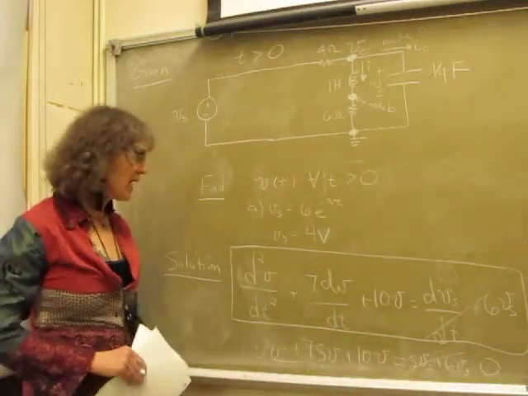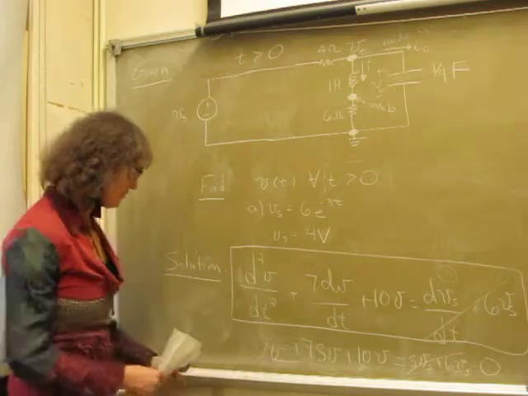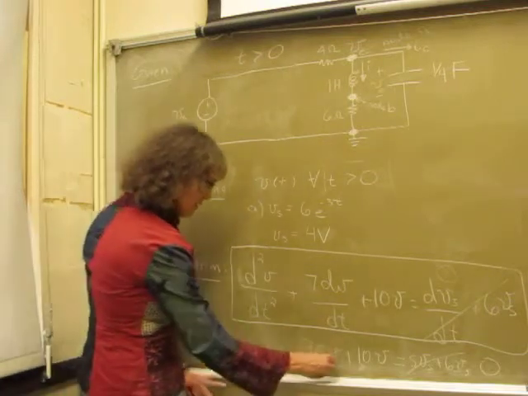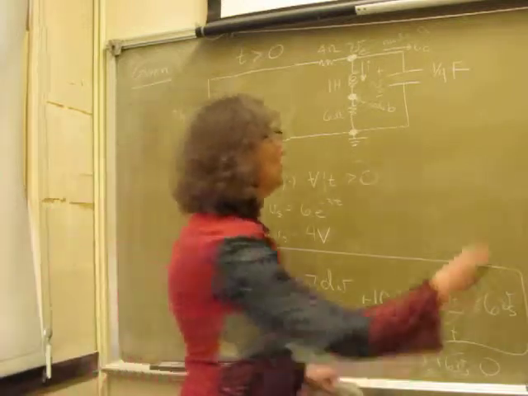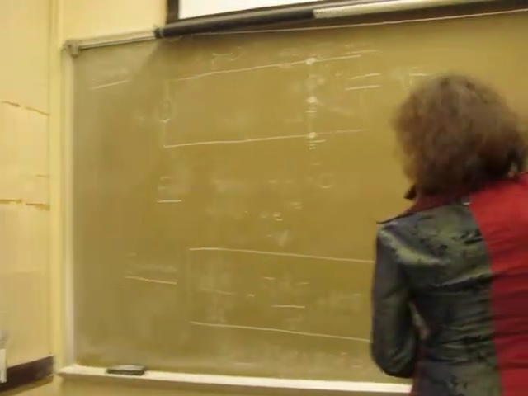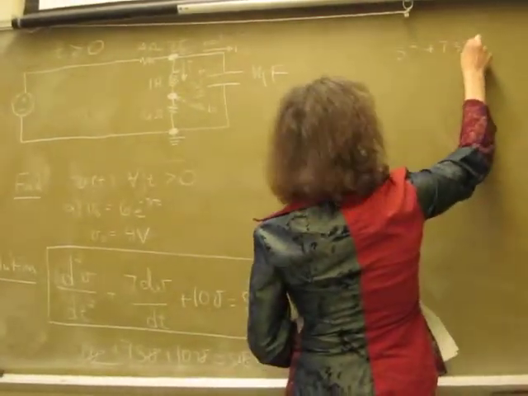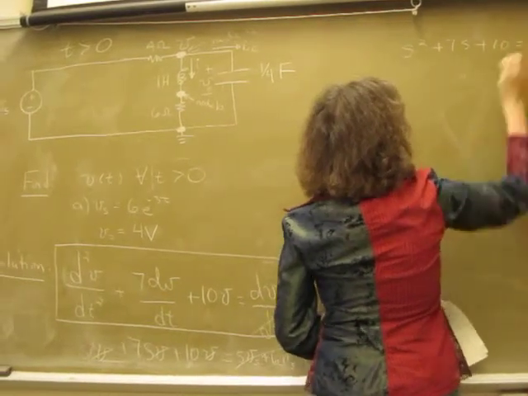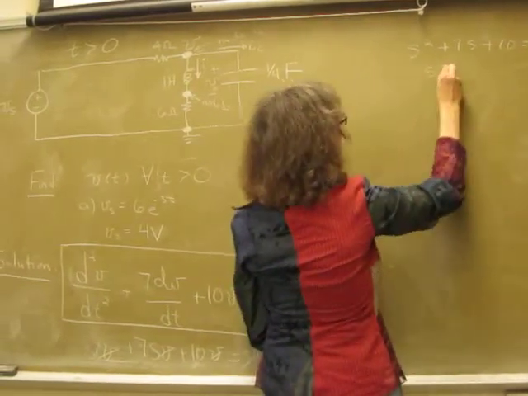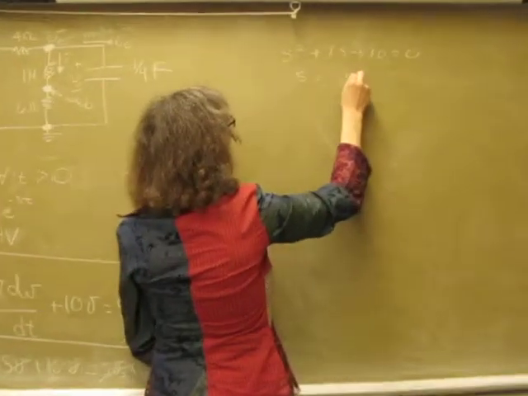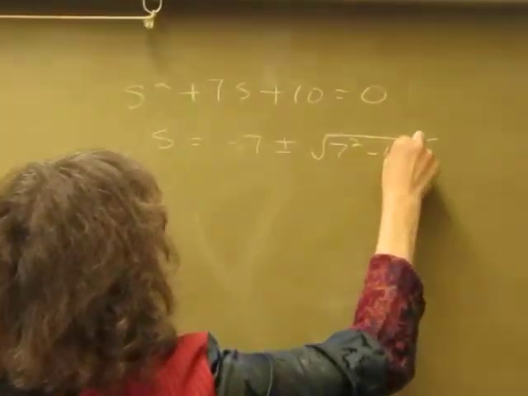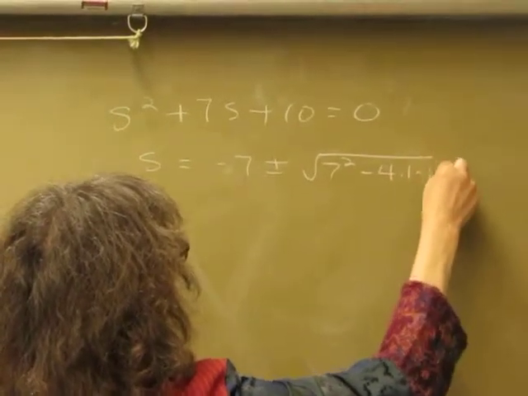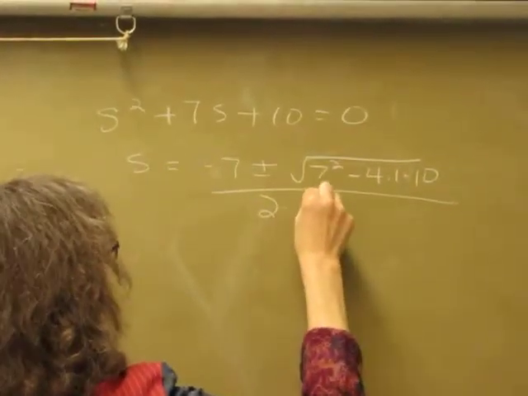And solve for S. Notice that now we can divide by V. So we've really got just a quadratic equation here: S squared plus 7S plus 10 equals 0. So solve for S. S equals minus B plus or minus the square root of B squared minus 4AC, all over 2A.